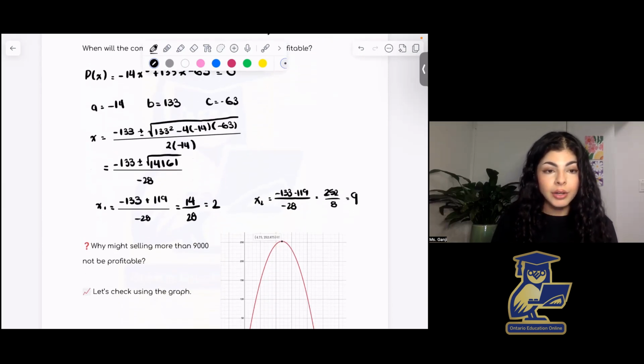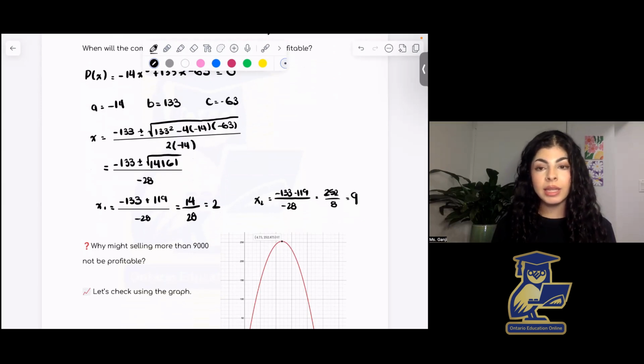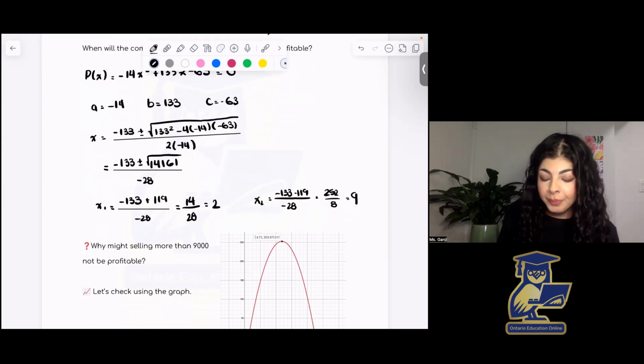So here you're given a question now of why might selling more than 9,000 not be profitable? So you would think that if at 9,000 they break even, then anything they sell more than that, they would be making profit from it, right?